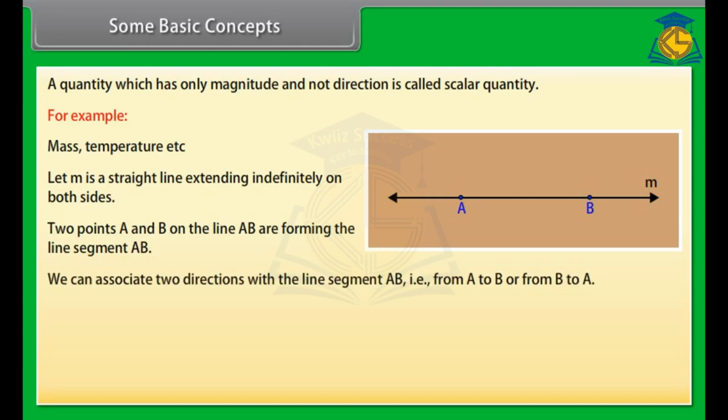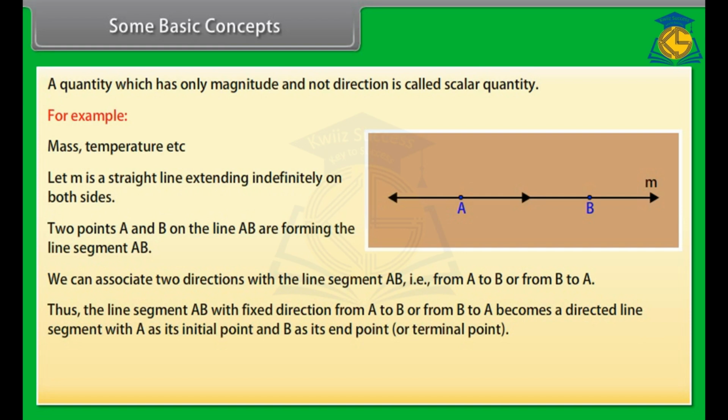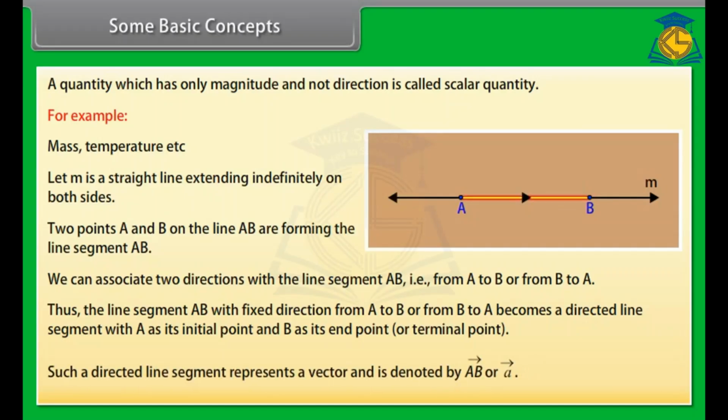We can associate two directions with the line segment AB, that is, from A to B or from B to A. Thus, the line segment AB with fixed direction from A to B or from B to A becomes a directed line segment with A as its initial point and B as its end point or terminal point. Such a directed line segment represents a vector and is denoted by vector AB or vector A.